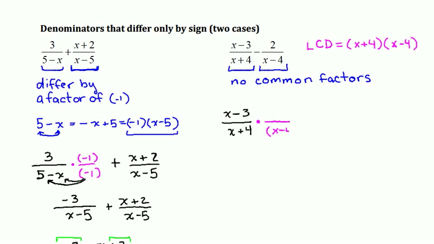So I'm going to multiply this by the ratio x minus 4 over x minus 4. Looking at my second rational expression, 2 over x minus 4 is missing the factor x plus 4. So this one I will multiply the top and bottom by x plus 4.